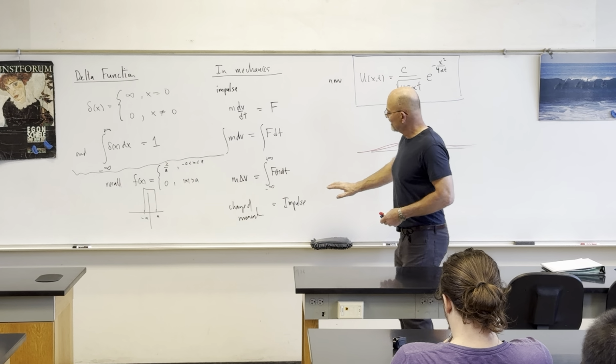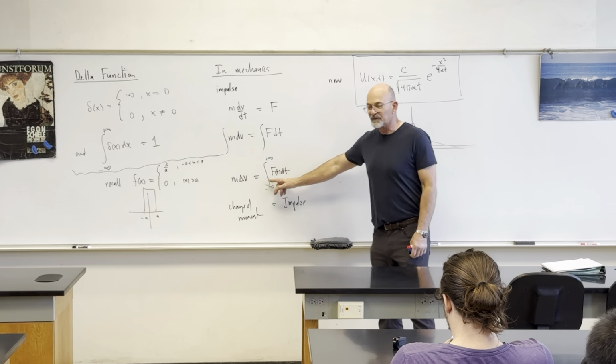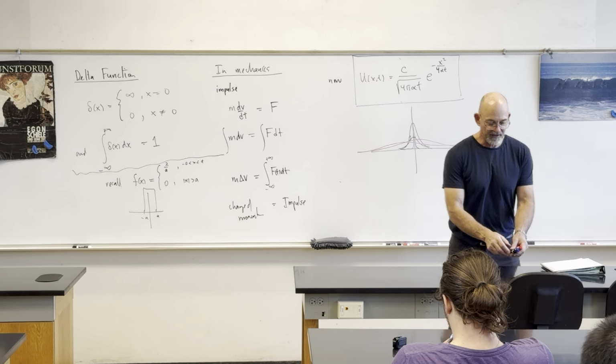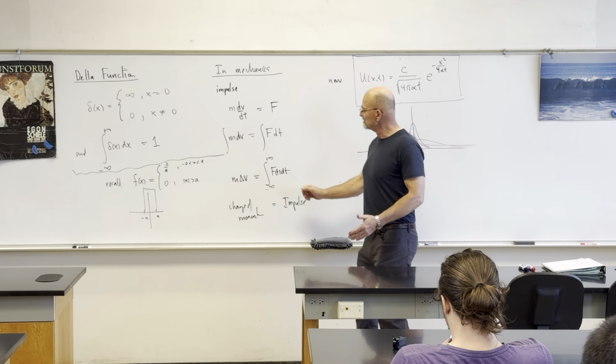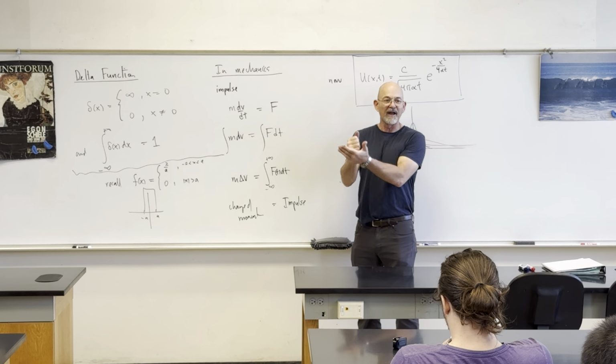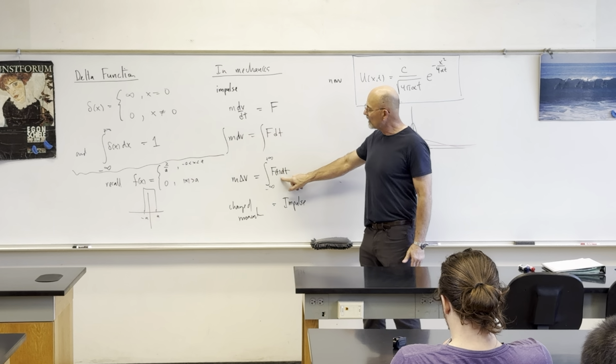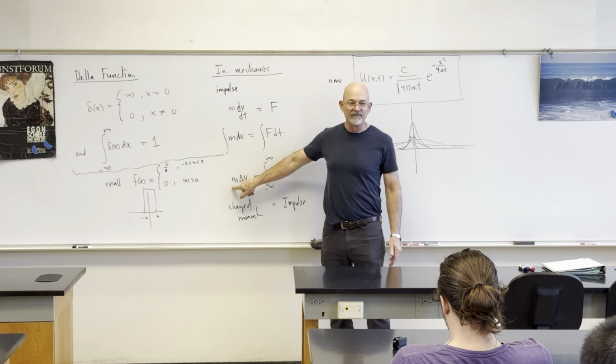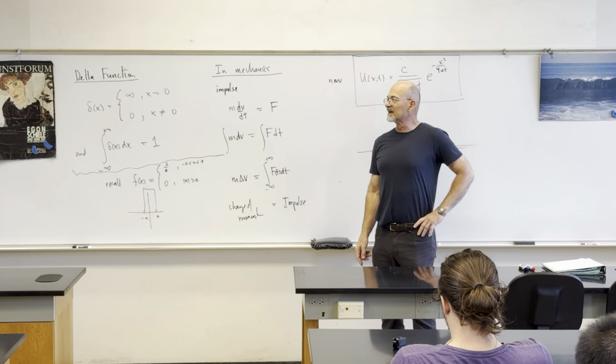Now we don't generally use the impulse just for any old force. What we tend to think of as a sharp blow. This is a sharp blow, a spike of force, but the result of it is just a change of momentum. So, what would be a good example?